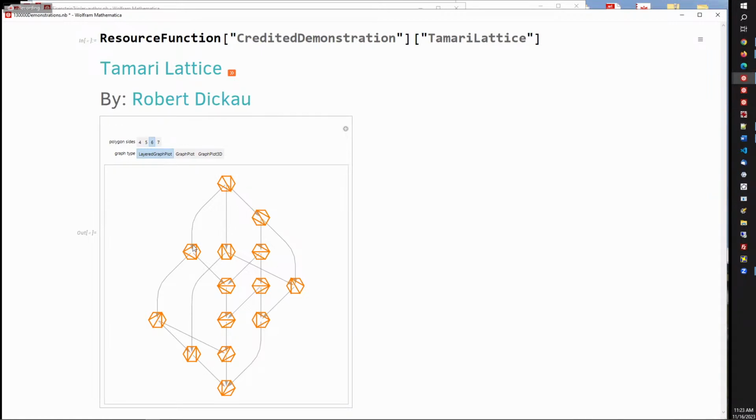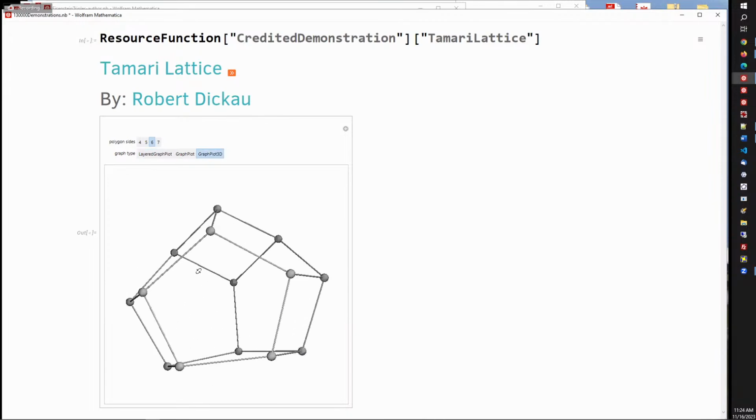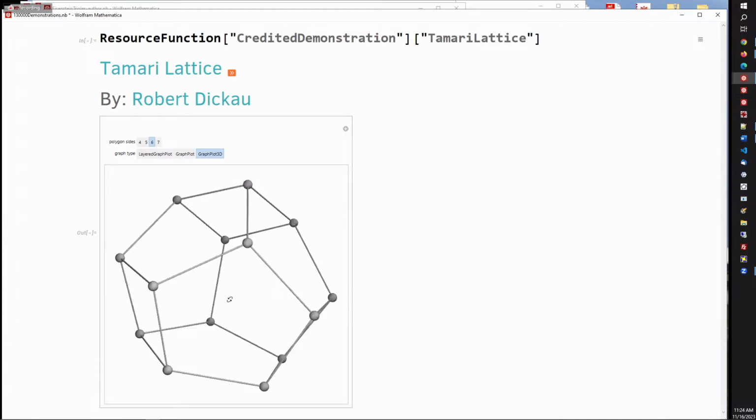And you can connect up the triangulations which share 2 triangles. Yes, all these are connected when they share 2 triangles. And when you connect them up together, you get this, I believe this is called a plesiohedron.